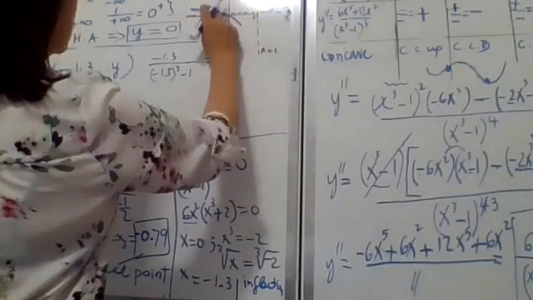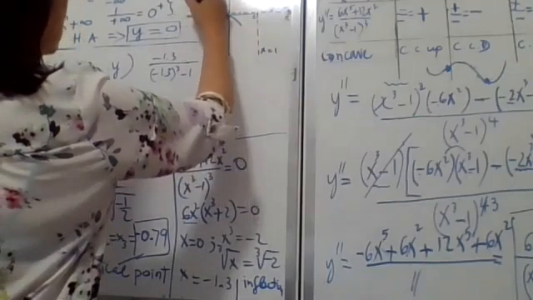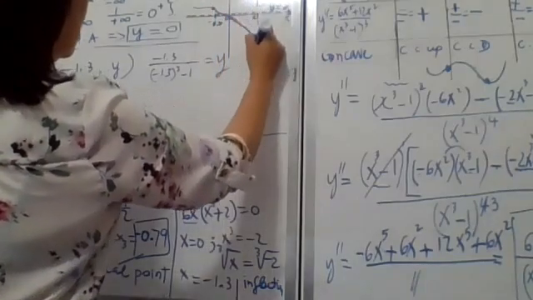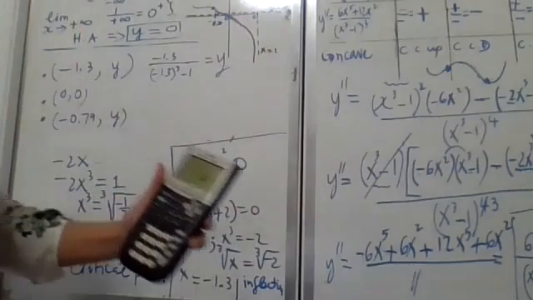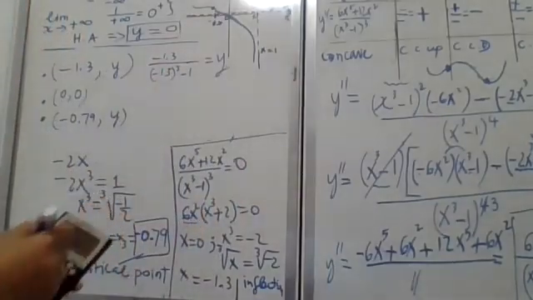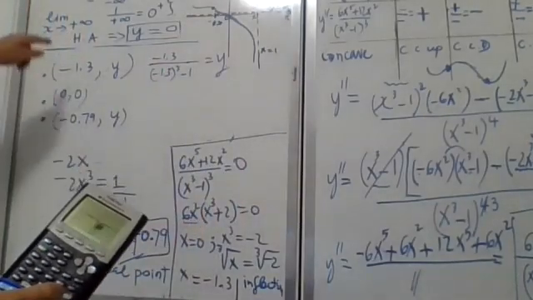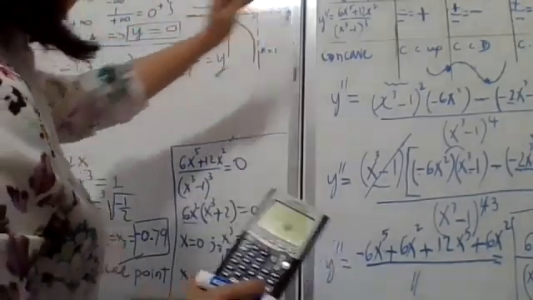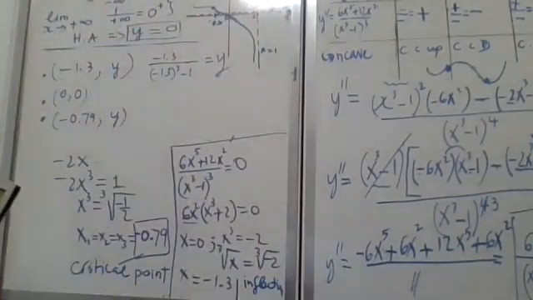Go to this one, something like that, and then go down like this. So that's the horizontal and vertical asymptote. And we analyze the vertical asymptote from the left-hand side limit and from the right-hand side limit.